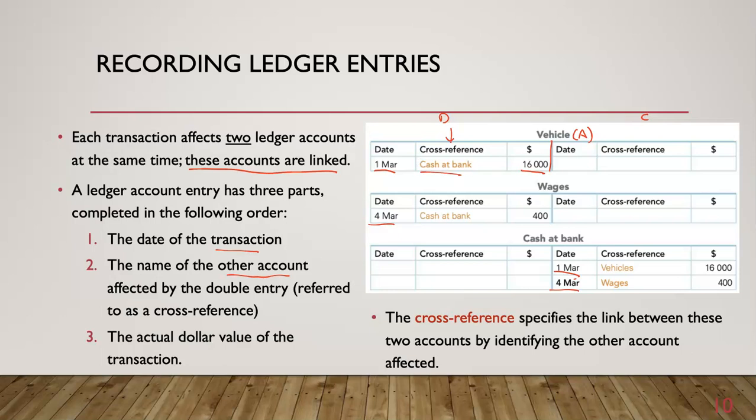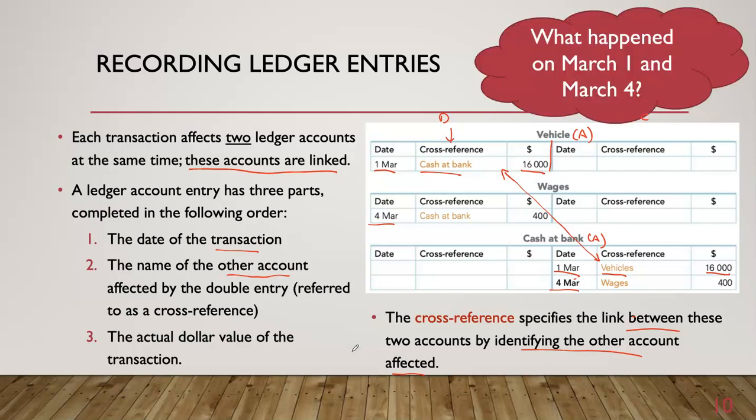And if you look at cash at bank, which is also an asset, on the 1st of March, I have $16,000 again, and it says cross-reference vehicle, because these are linked. They have crossed the ledger. It allows us to link between the accounts, allows us to identify the other account affected, and it allows us to determine errors. So what happened on the 1st of March?